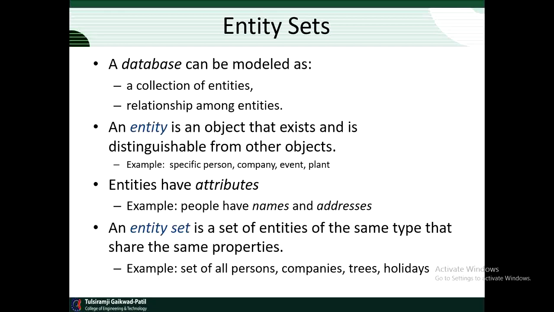So an example of an entity set is all persons having the same properties. A company dealing with the same products and all. So trees, holidays, these are some examples of sets of entities.